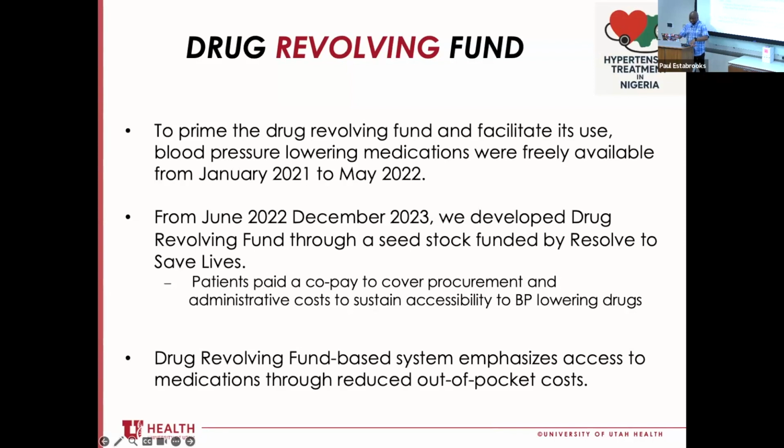The drug revolving fund-based system emphasizes access to medication through reduced out-of-pocket costs, which is what we wanted to eliminate. So we started with free medication, then moved to a period where they only pay cost price to improve affordability, and also for them to begin to think about the sustainability of procuring medications.